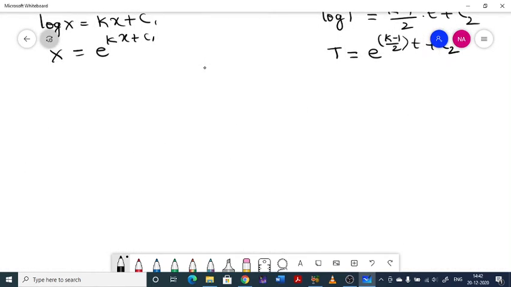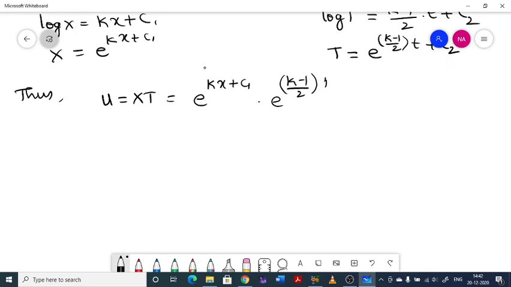Thus u equal to capital X into capital T, e power kx plus c1 into e power k minus 1 by 2 into t plus c2, or u equal to e power c1 plus c2 into e power kx plus k minus 1 by 2 into t.